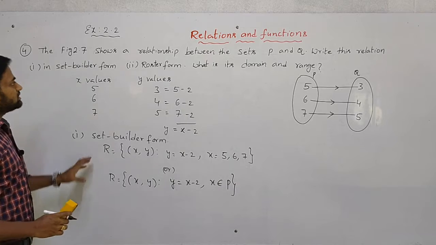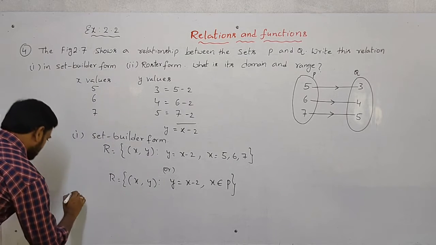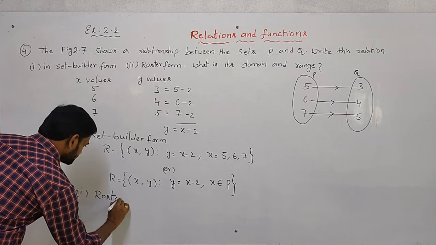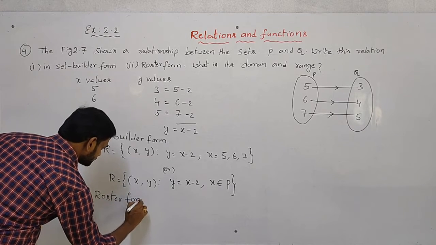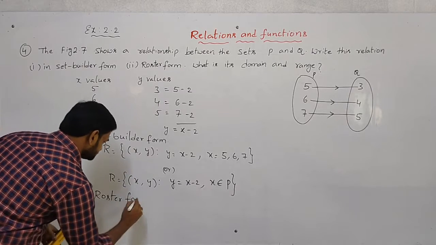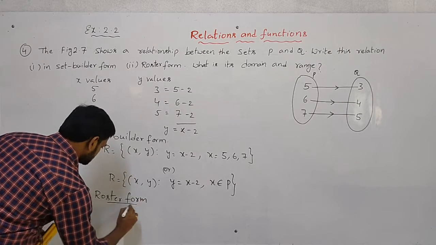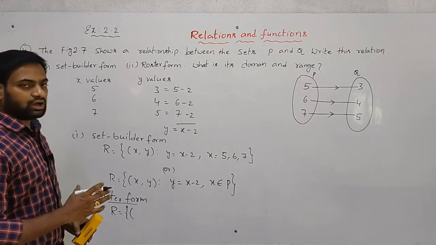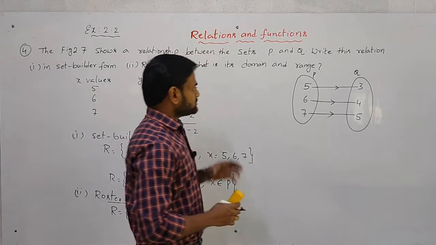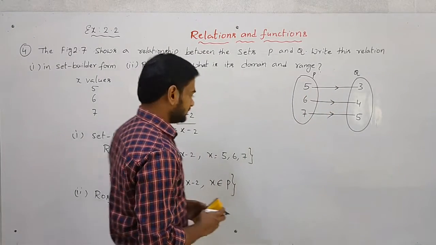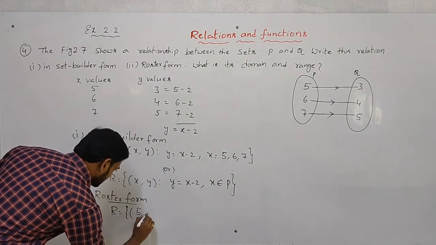Next, what about the roster form? Second is the roster form. That is R equal to, just write the ordered pairs which have the mapping: 5 to 3, that is (5, 3).